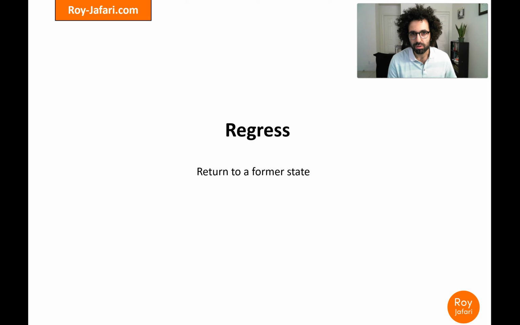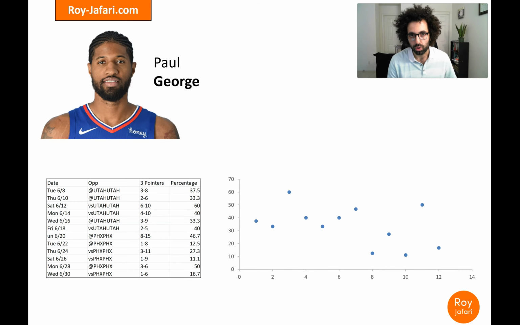To understand this better, let me show you this example of Paul George's performance in the last 12 games. In these last 12 games, Paul George, who's one of the best three-pointers as a basketball player, has been able to achieve these performances.